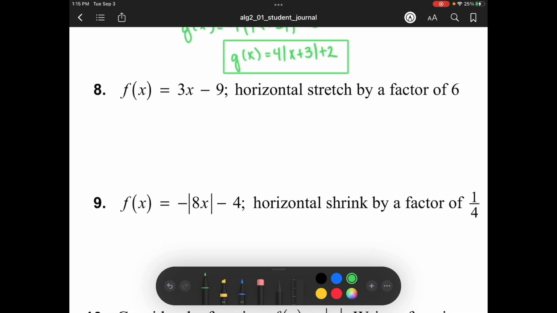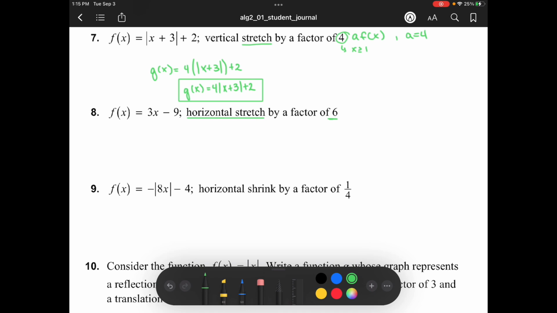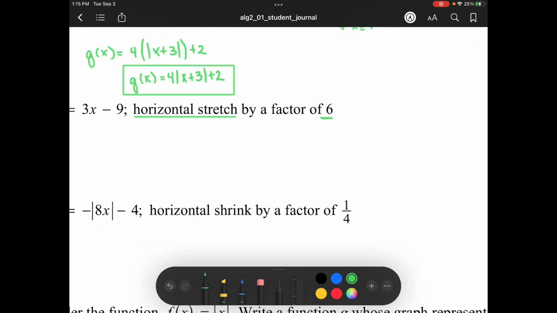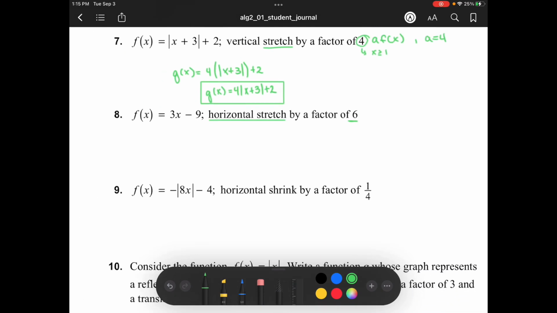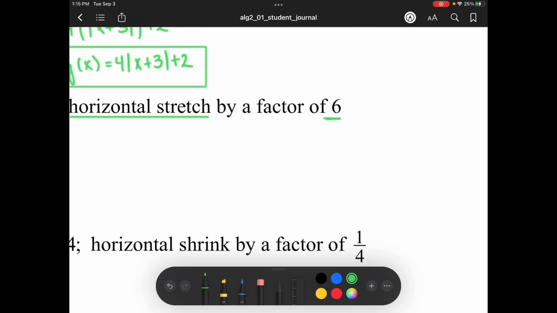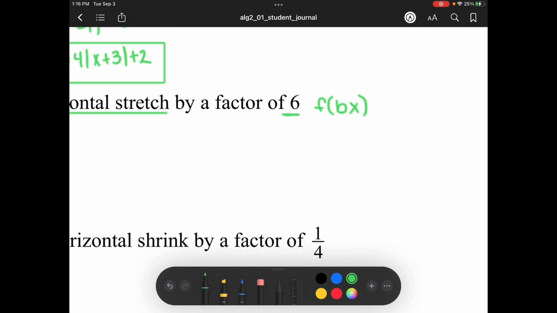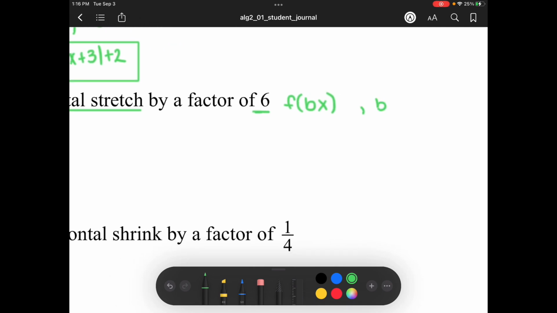Another one that we have here is horizontal stretch by a factor of 6. So this one's a little different. It says horizontal, right? And it also says by a factor of 6. Horizontal stretches and shrinks are not the same as vertical stretches or shrinks. We talked about rubber band theory in the class, or hair tie theory, whatever you want to call it. You'll notice that they look similar, but they are not the same. So since we're going by a factor of 6, well, first of all, our rule looks like this, but because we're stretching, I'm going to choose the reciprocal of 6, so b equals 1/6.